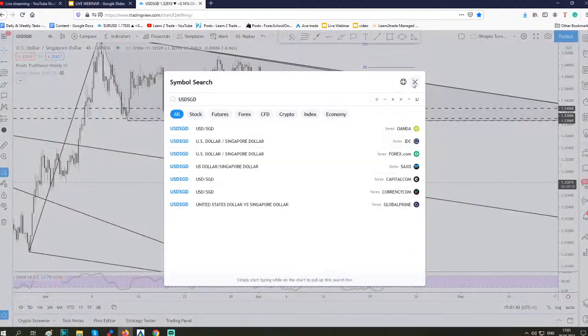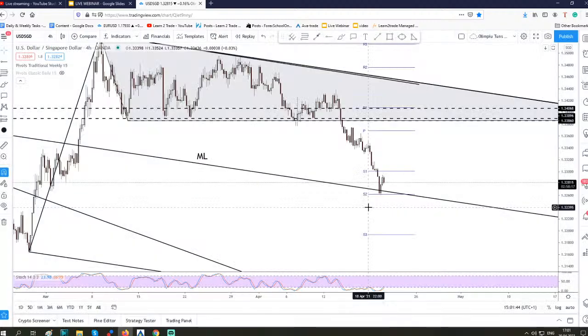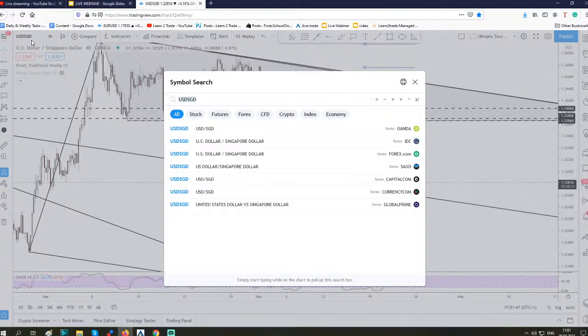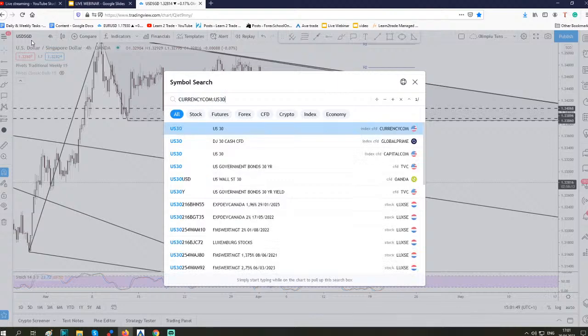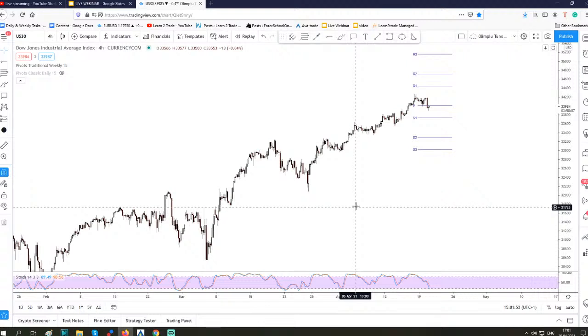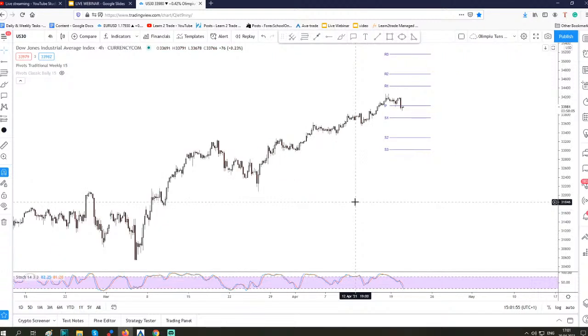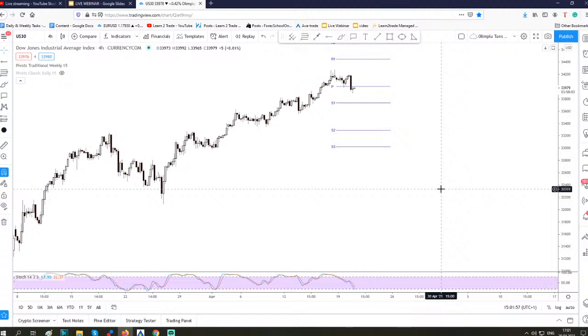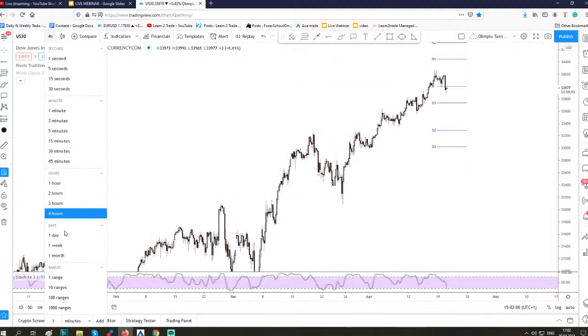Okay, and I promised you guys that we will take a look also at the Dow Jones Industrial Average Index. The index has decreased, maybe.